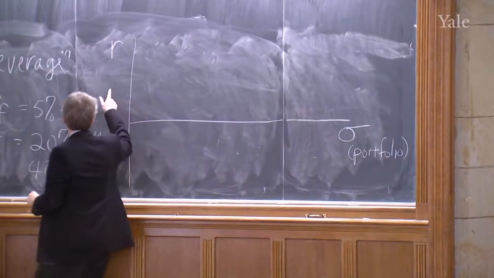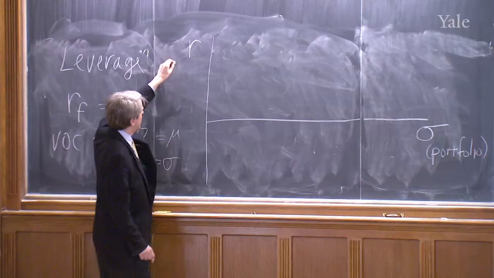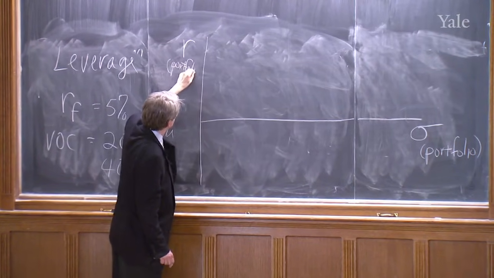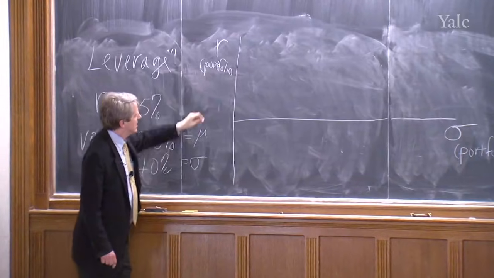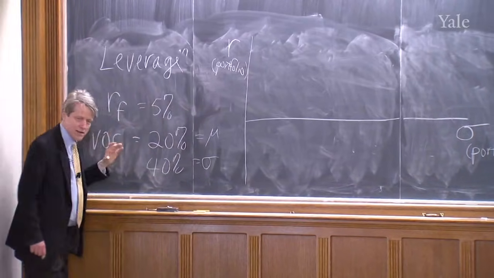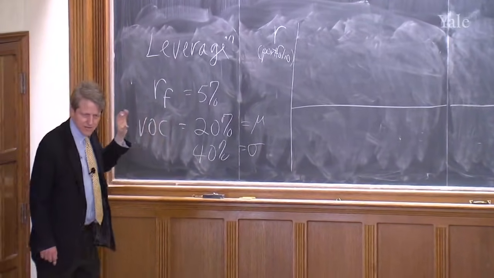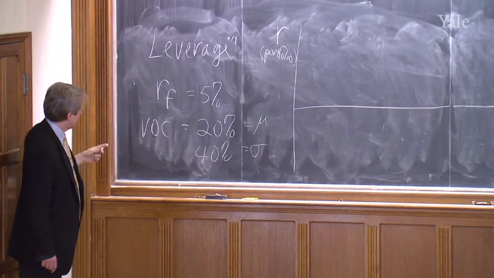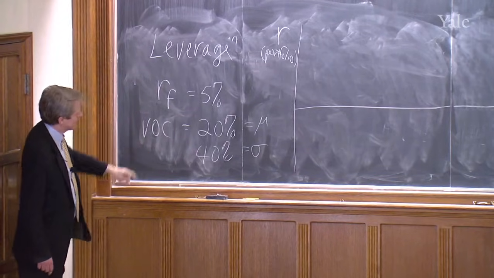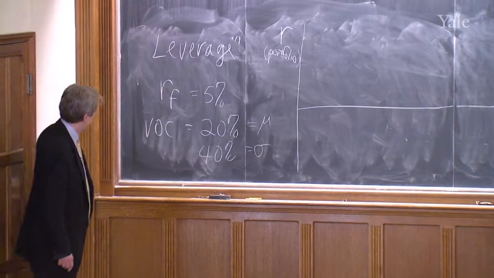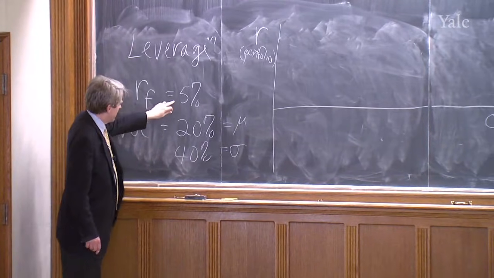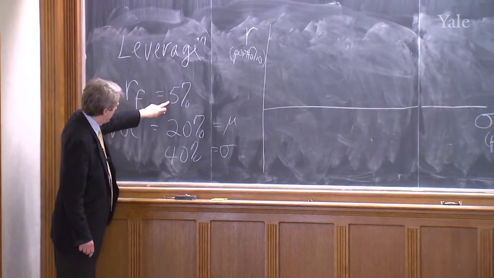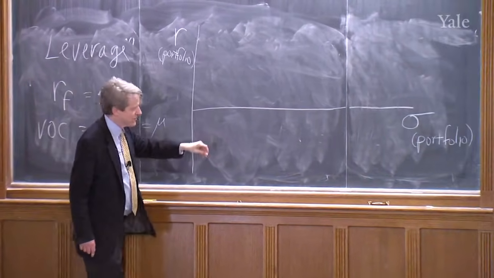And R is the expected return on the portfolio. Now, all I'm going to do is choose mixtures of the stock and the riskless rate. So a couple of points I can read. I'm going to plot what the available options are. I can see right here that I can invest at 5%, right? The riskless rate, and then I'll have no risk.